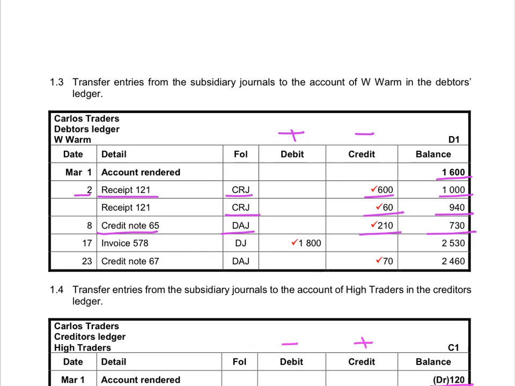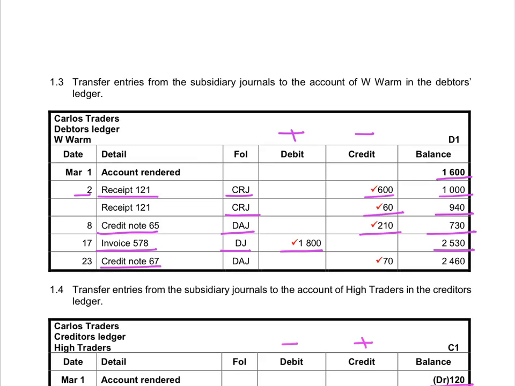We sold goods to him, so we issued invoice 578. The entries recorded from your debtors journal increase his amount with 1,800. So 730 plus 1,800. The new balance is 2,530.